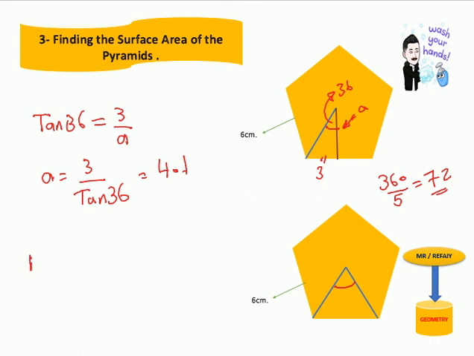After that, the base area is equal half times perimeter of the polygon, which is 30, times the length of the apothem here, which is 4.1. So the answer will be 61.5 centimeters square. So this is the area of the base.